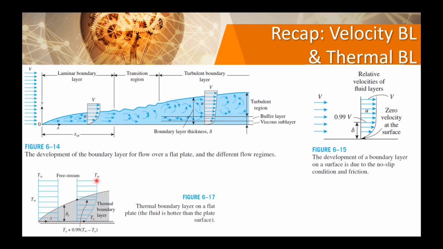Let's say, I don't know, 100 degrees Celsius, for argument's sake, right? But towards the surface, it will feel less and less heat from the surroundings. You see, at one point it's 99%. It starts to deviate from feeling the presence of the free stream temperature. So that's the position of the thermal boundary layer.